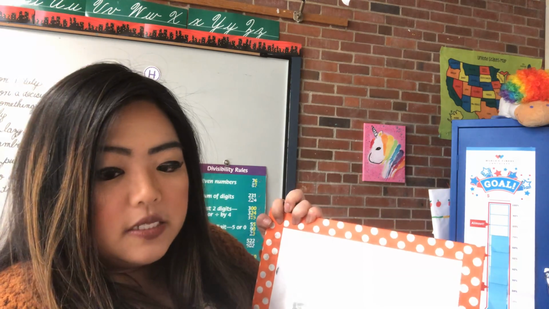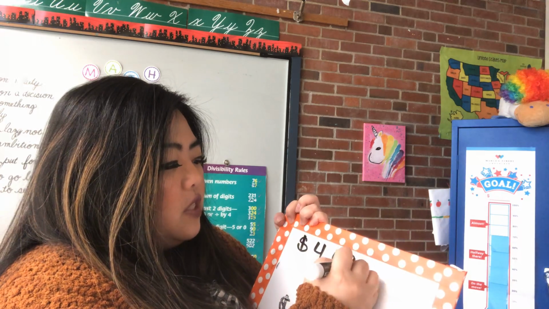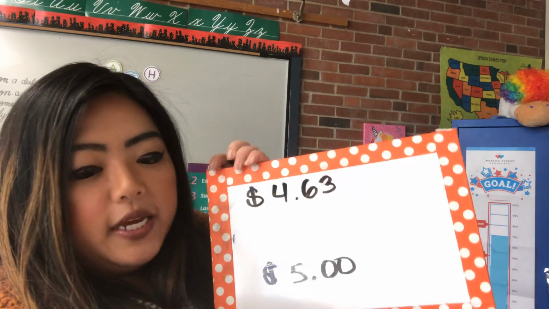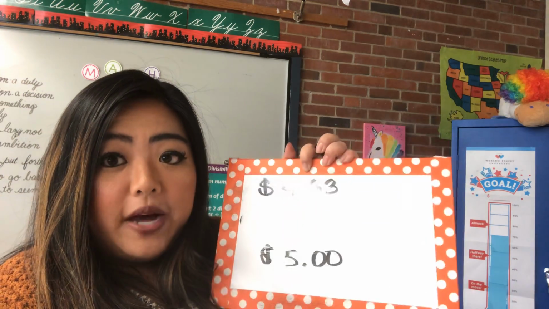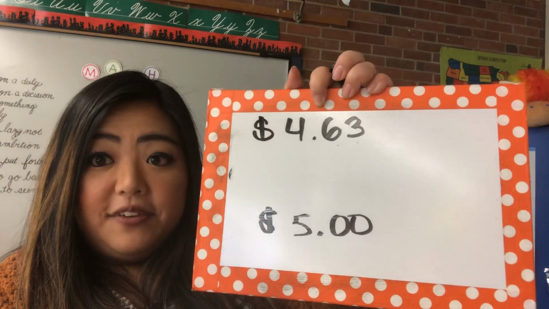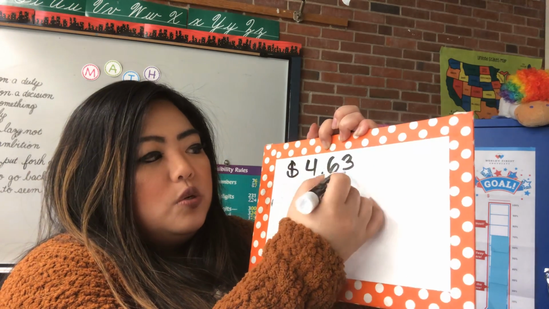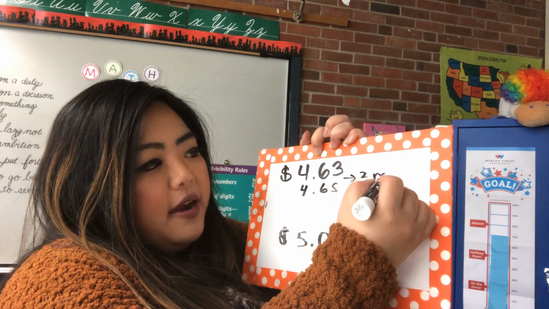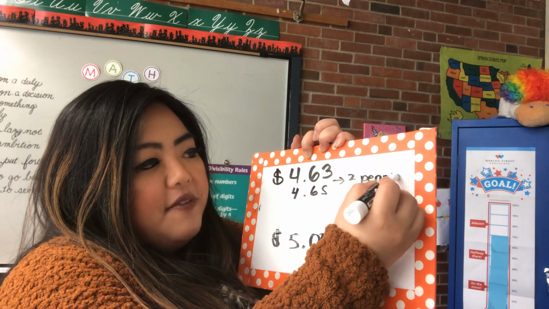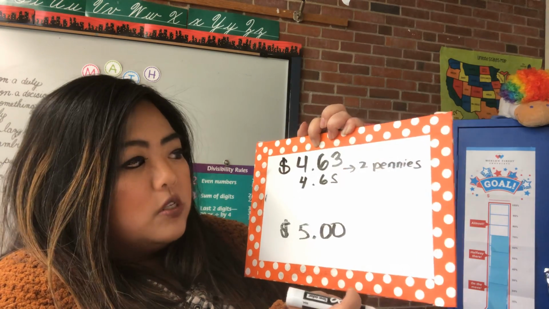The next one is $4.63. Our first thing we need to do is we need to get to the nickel or dime spot. The nearest nickel or dime spot is 65 cents, which would take 2 pennies to get there. Now we're at 65, and the next step we need to do is to get to our quarter spot.